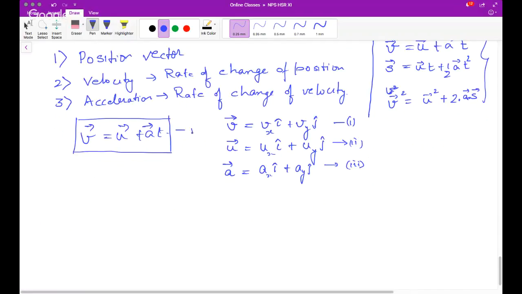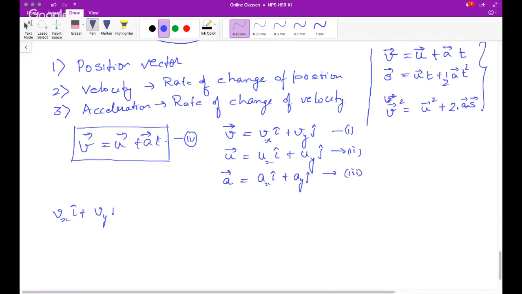So let's say equation number 4. What do we get? In the LHS, I can write vx i plus vy j is equal to ux i plus uy j plus ax t i plus ay t j.